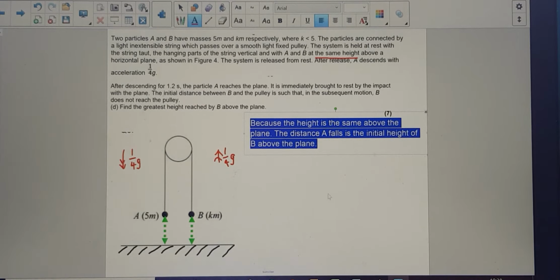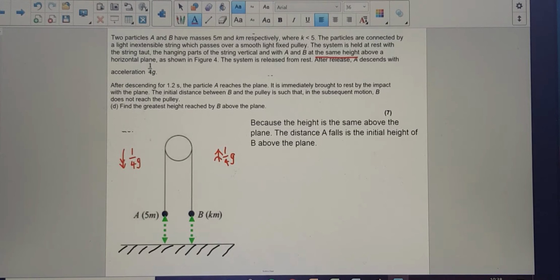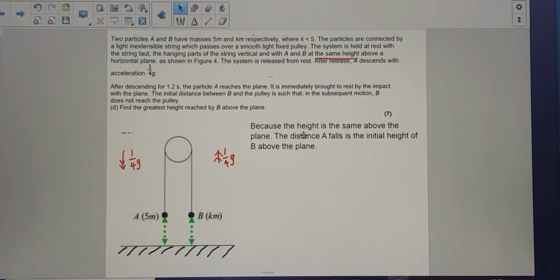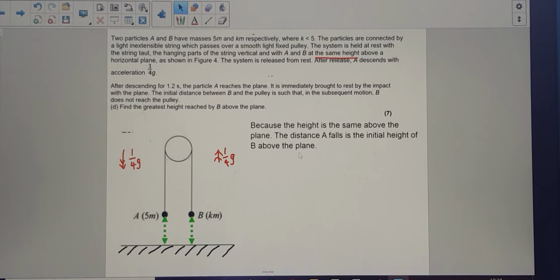Okay, so I know that because the height is the same above the plane for both particles A and B, the distance A falls is the initial height of B above the plane.